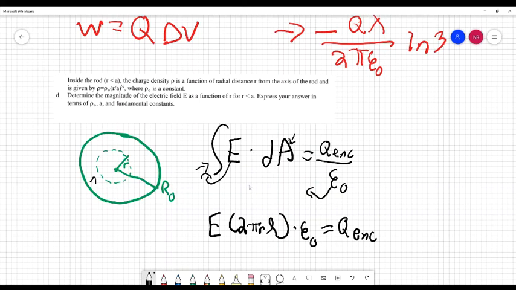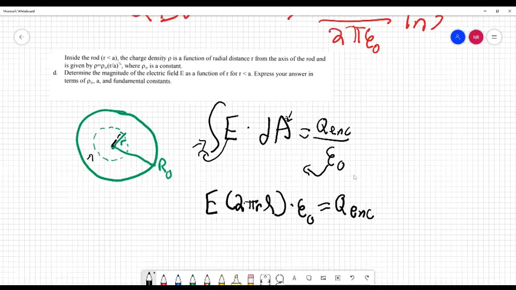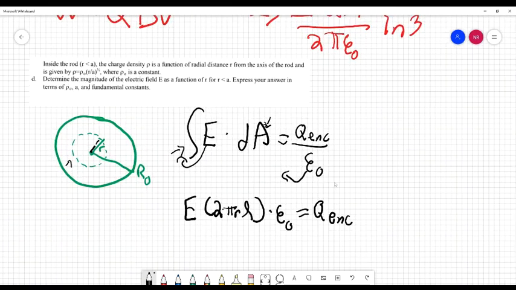And the reason is because as the radius goes out more and more, our density will change. So to find the amount of charge enclosed, we'll have to integrate the density function. So Q enclosed will end up becoming the integral from our initial radius, which is 0, to our maximum radius, which is r, of this density function.